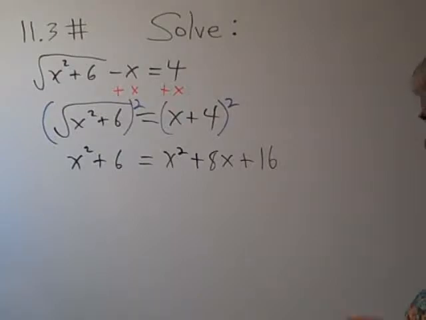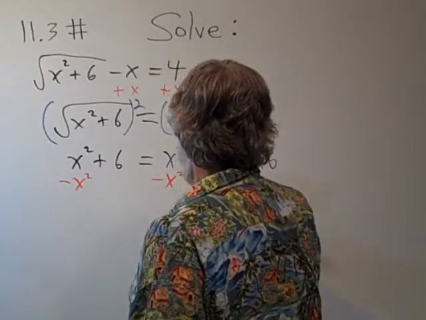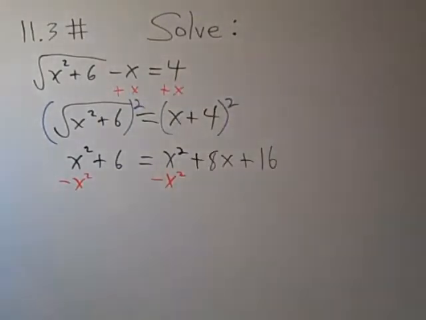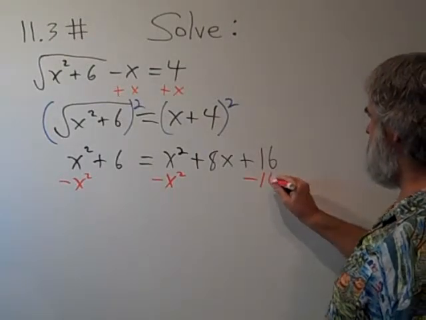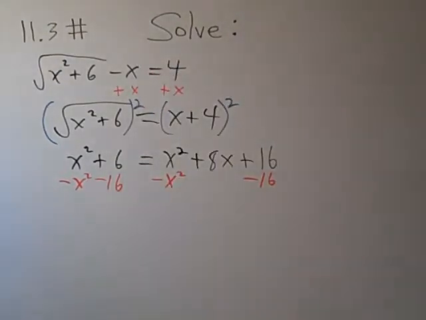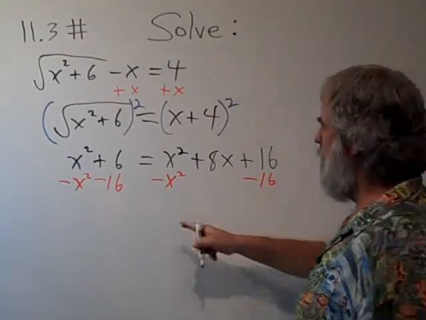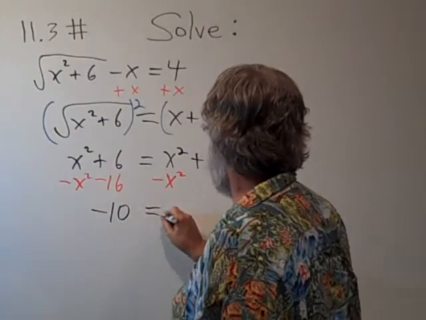To solve this, notice that I can subtract x squared from both sides, and it's no longer a quadratic equation, it becomes a linear equation, which we can now just solve for x. So let's subtract 16 from both sides to isolate the x term right here. On the left side we end up with 6 minus 16, which is negative 10.